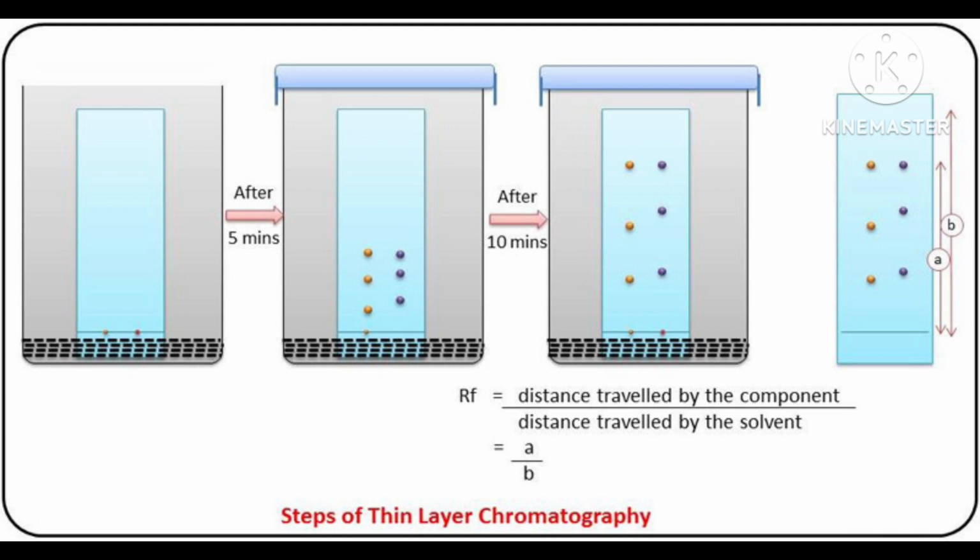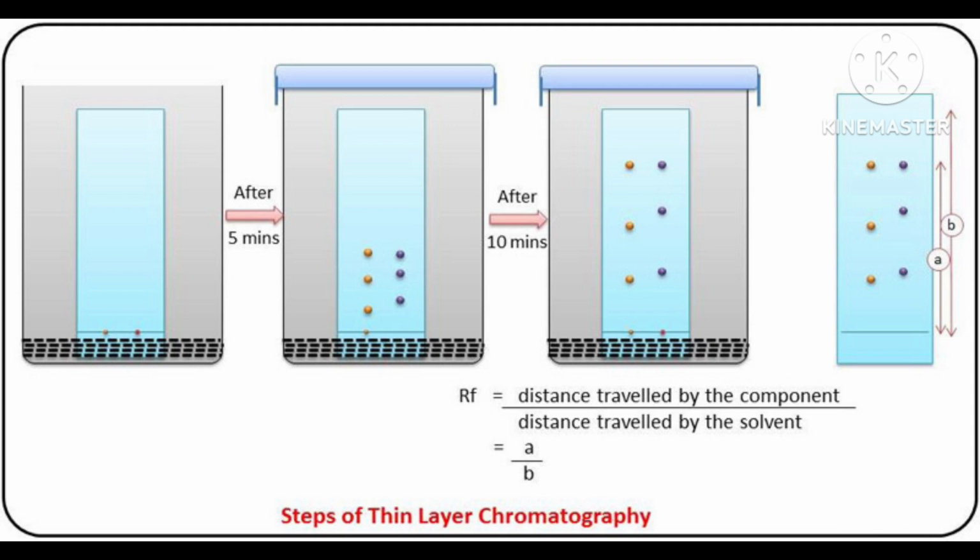If you pass UV light, then you can see the colorless spot also, in the presence of ultraviolet light, and it can easily be detected.